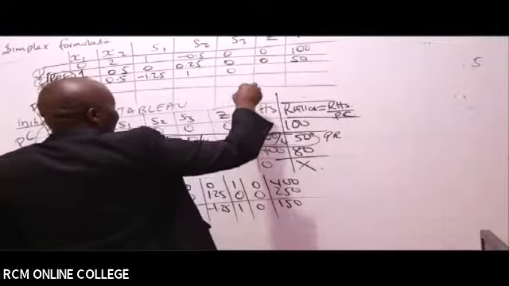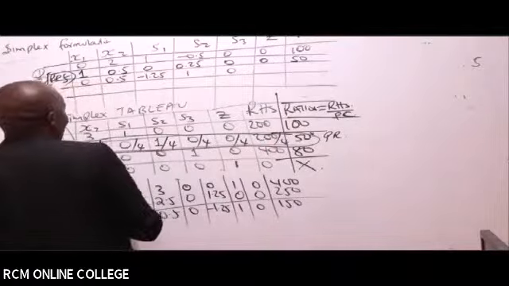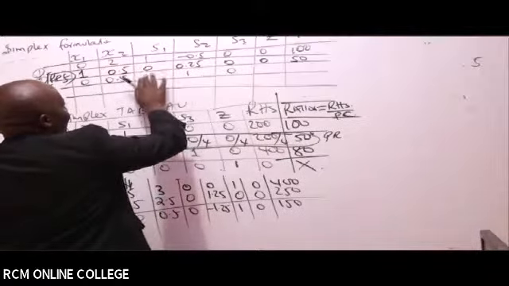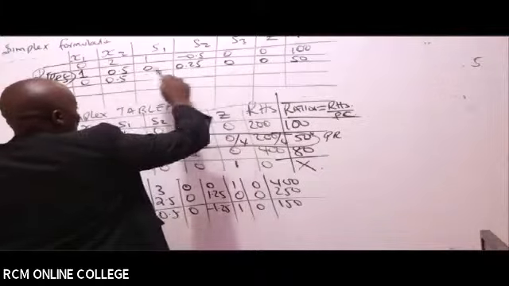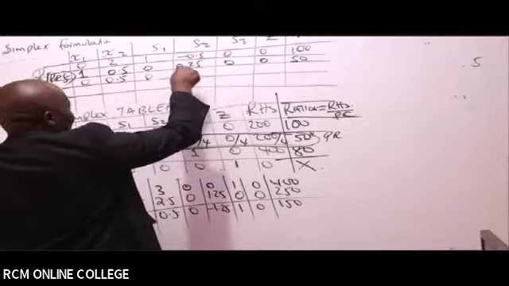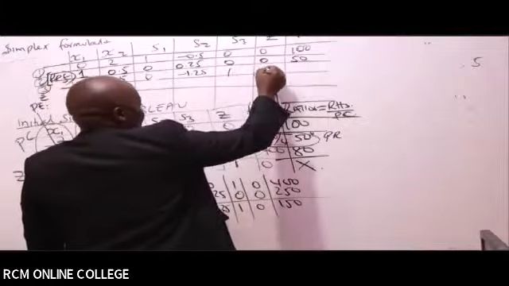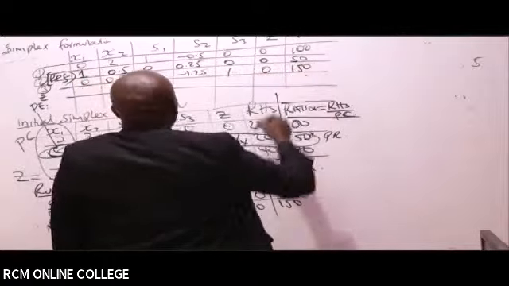Did I skip something? Yes, I skipped 0. So 0, 0.5 minus 1.25, then we have 1, then we have 0, and then we have 150 like that.